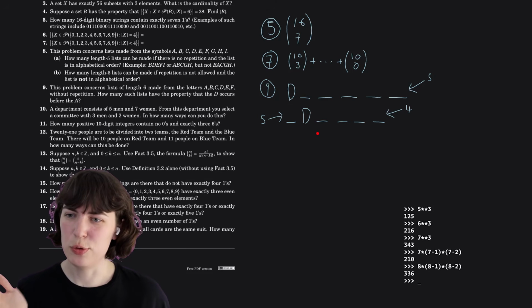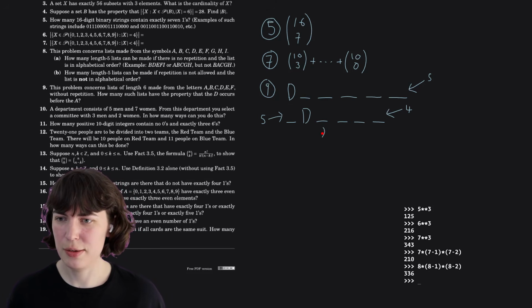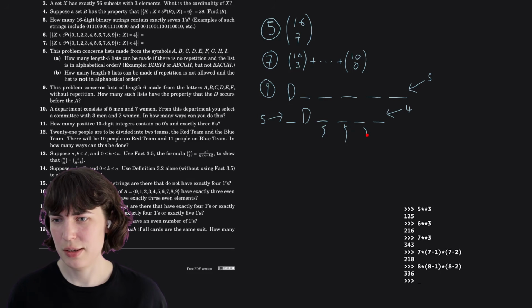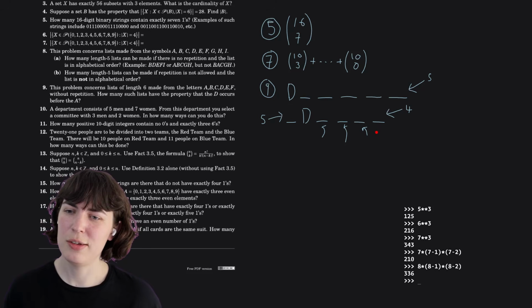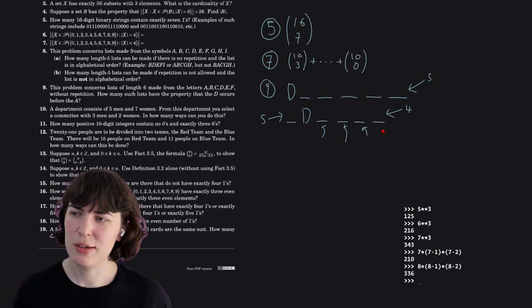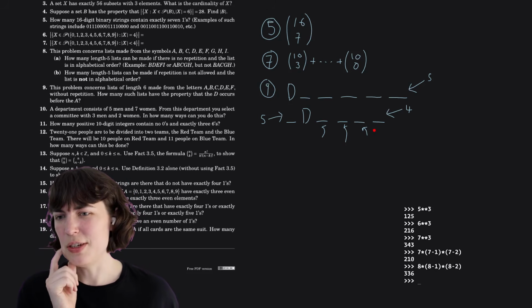And then we could do the same for the D being here, and the D being here, and the D being here. And then we couldn't ever have it here. Or actually, no, for here it would have to have the A at this point. So that one would be special.